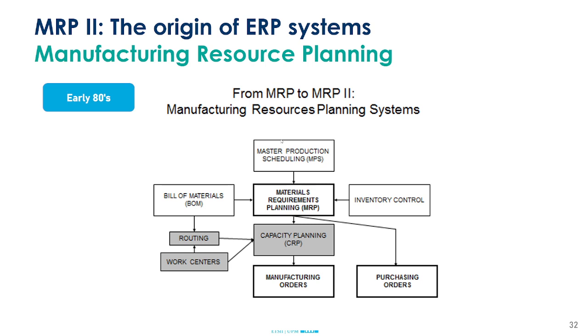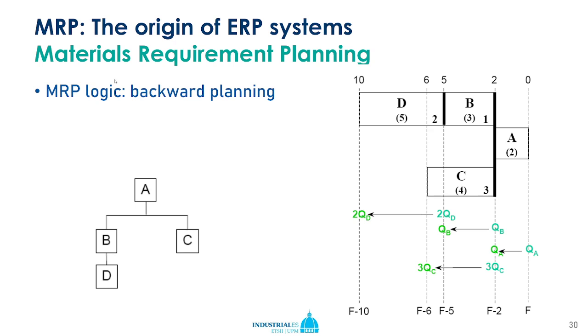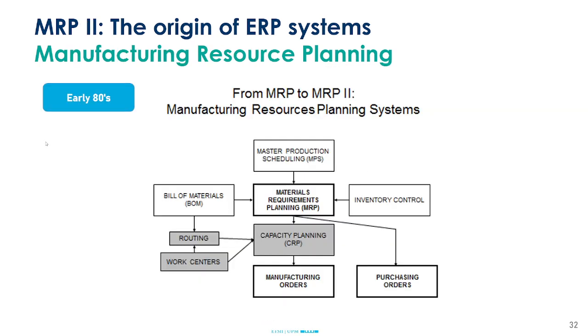That's why these materials requirement planning systems evolved to what we know now as the manufacturing resource planning systems, which also are MRPs, but they were named with these two, MRP2. This was in the early 80s, so that we introduced new modules.